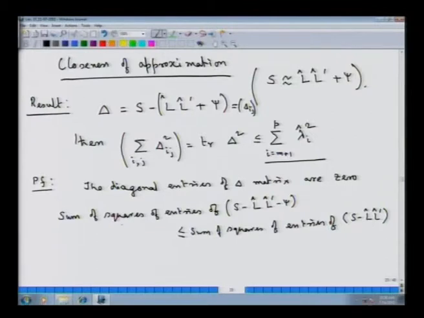Hence the sum of squares of all the entries of S minus L hat L hat transpose minus psi hat will be less than or equal to the sum of squares of entries of S minus L hat L hat transpose.